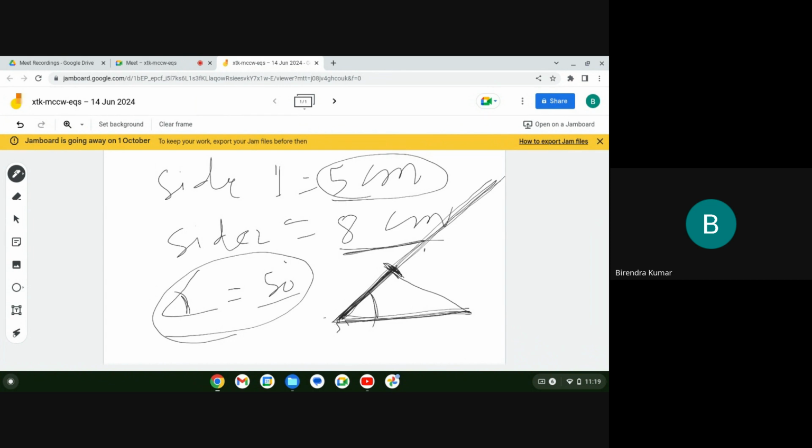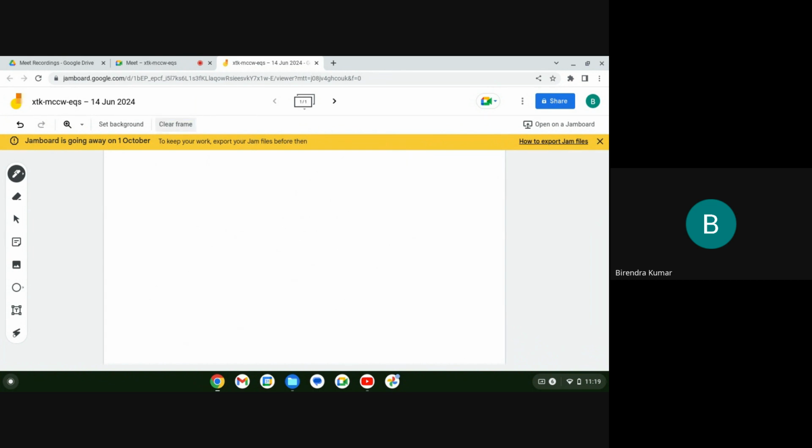So let's do it one more time. You have two sides known. This side is known, which is a base on which you will make the angle, and the second side is also known, and the angle is known. You draw the angle first, whatever it is, 50 degrees, 60 degrees, 70 degrees. Mark it in that protractor and then make that angle and draw the line as long as you want.